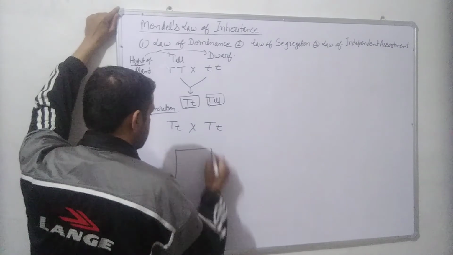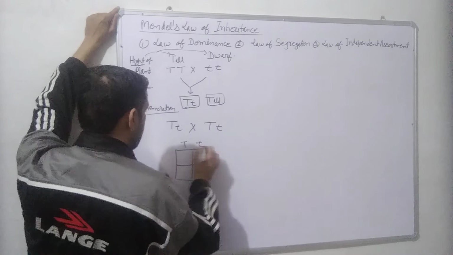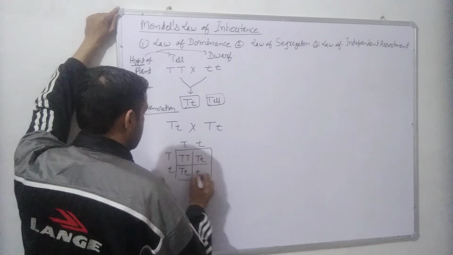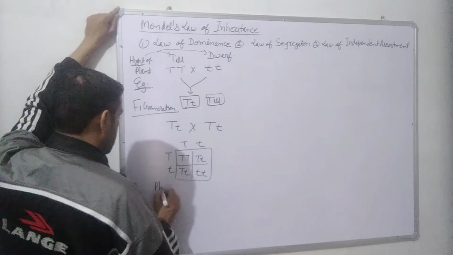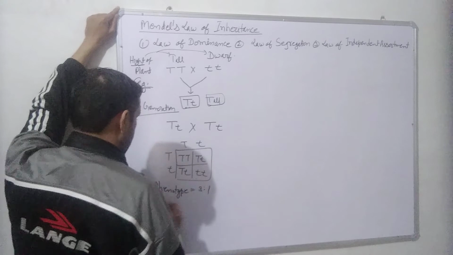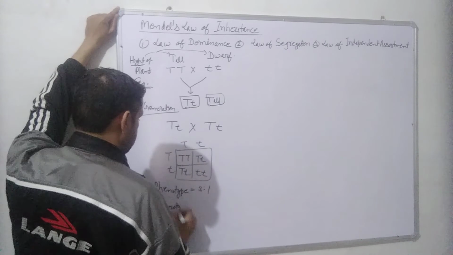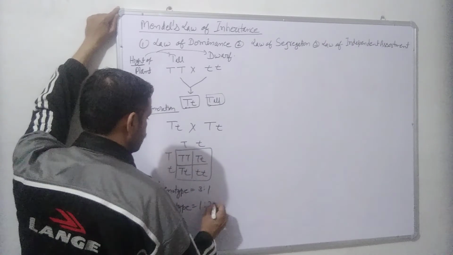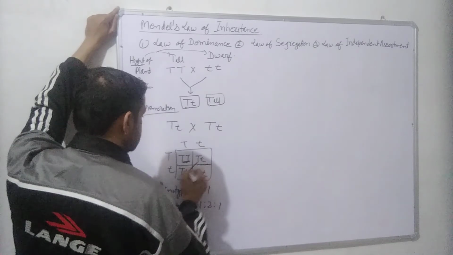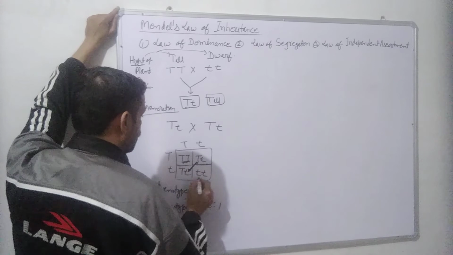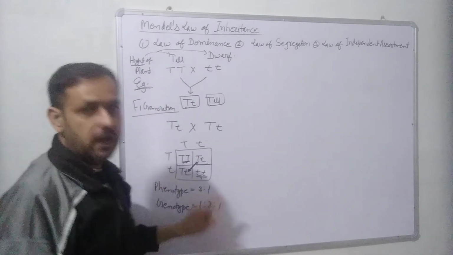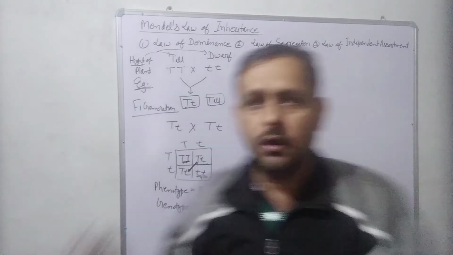F1 जनरेशन का क्रॉस F1 से करवाएंगे तो क्या प्राप्त होगा अपने को, ये अपन पहले पढ़ चुके. तो यहां ये रेशियो प्राप्त होगा, यानी फिनोटाइप इज ऑब्टेन्ड 3:1 एंड जीनोटाइप इज ऑब्टेन्ड 1:2:1, and this one is pure and this is hybrid. These are the hybrid tall, and this is pure tall, and this is dwarf. Pure tall, hybrid tall and dwarf. So यहां तक अपने को निकालना है.